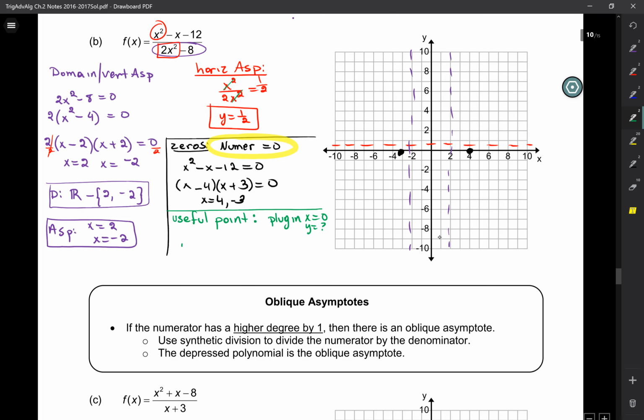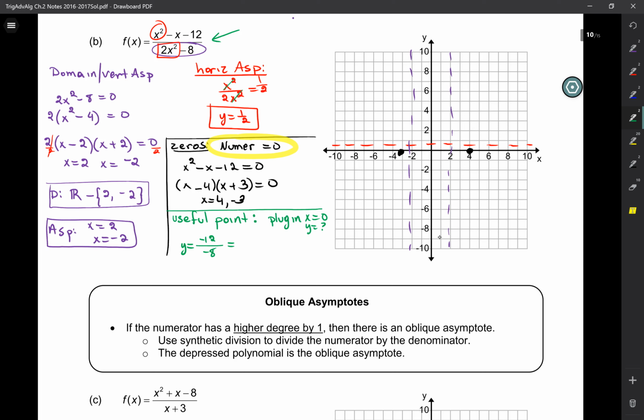Well, let's see. I'm going to plug 0 into each of the x's in the main function. So what do I get on top when I plug in x equals 0? Negative 12 over negative 8. So how much would that be? 12 over 8, I divide by 4, 3 over 2.